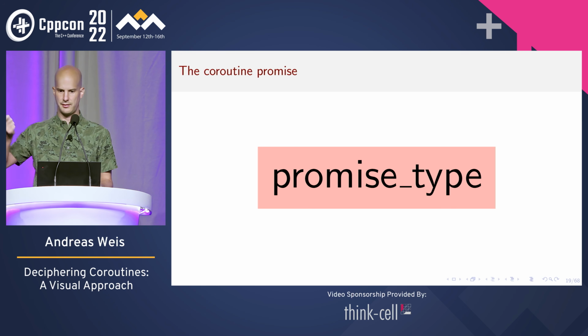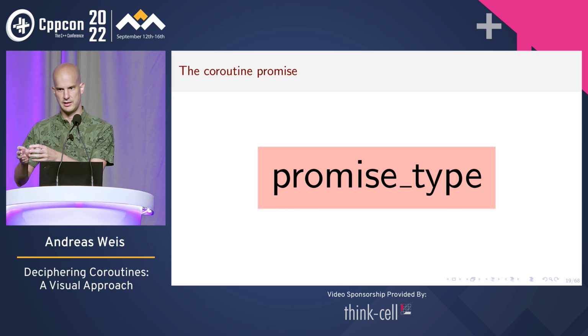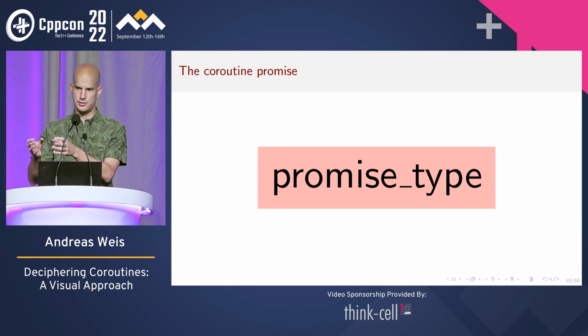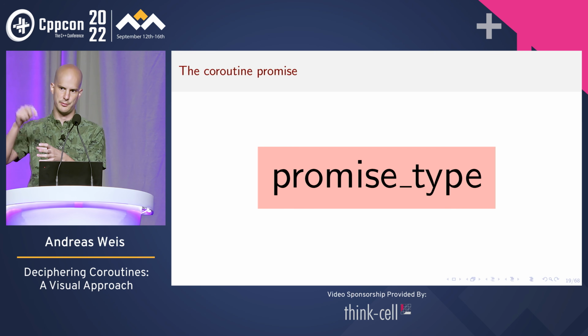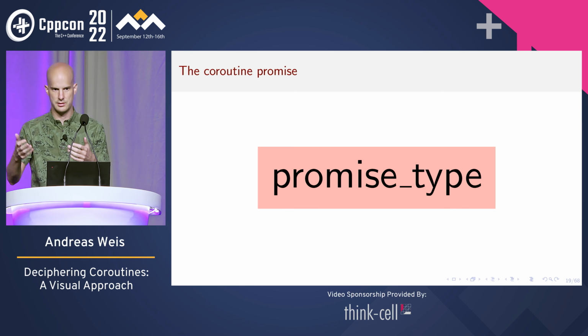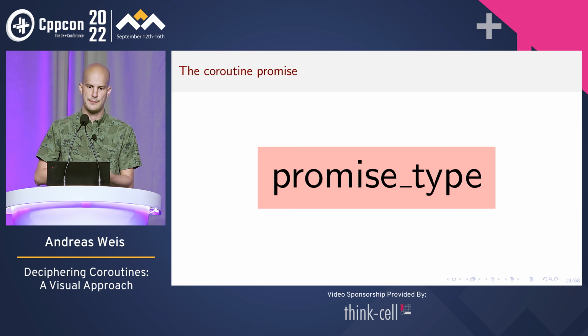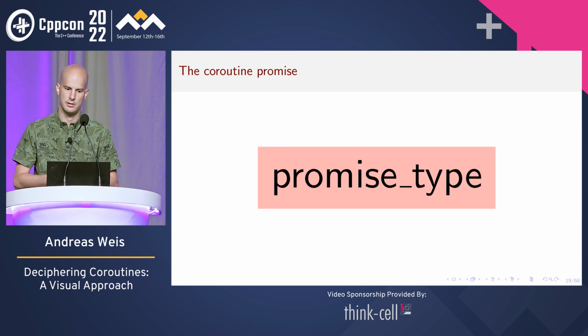But you need something that remains on the producing side. In the future-promise case, the function that does the asynchronous computation holds on to the promise, and that's where it puts the return value that will be given to the caller when it calls get on the future. And the idea behind the promise type for the coroutine is similar.